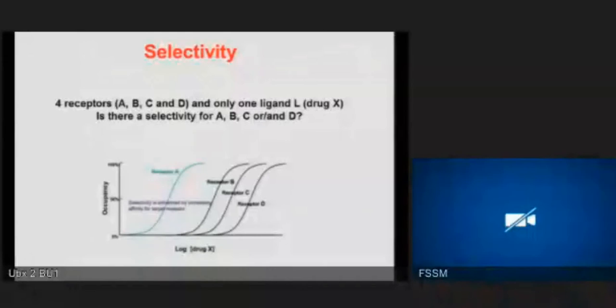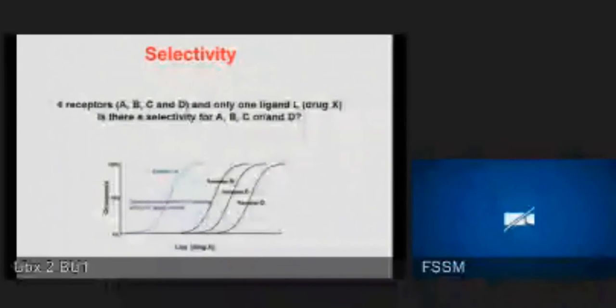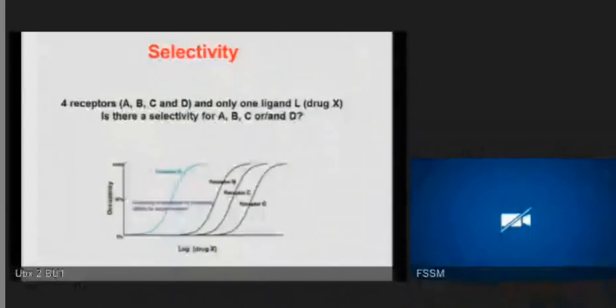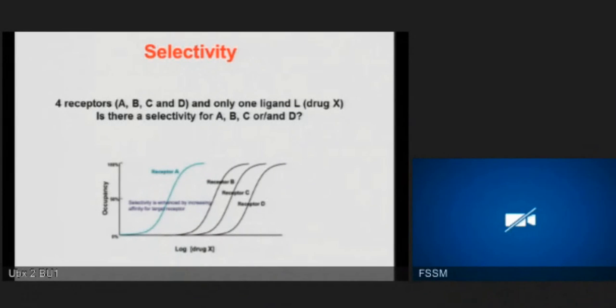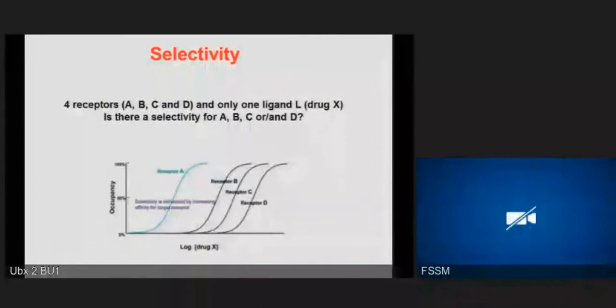Exactly. So at the end, you can say, okay, we have some difference of affinity for X toward A, B, C, and D, and it looks like the affinity for A is better than the other one. But this is not sufficient, because you can say also that the affinity of X is better for receptor B compared to receptor D. So the selectivity is something else.